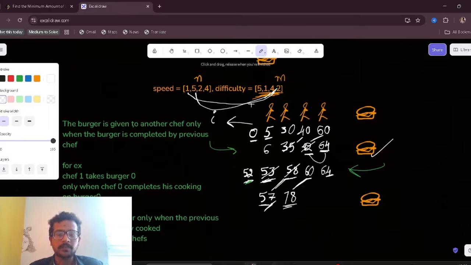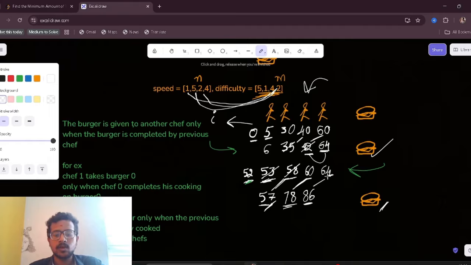So, if I add 4 into 2, 8, to 78, it would be 78 plus 8, 86. 86 is the end time. Here, at this time, 86 is the maximum time taken to complete this burger till chef 2.